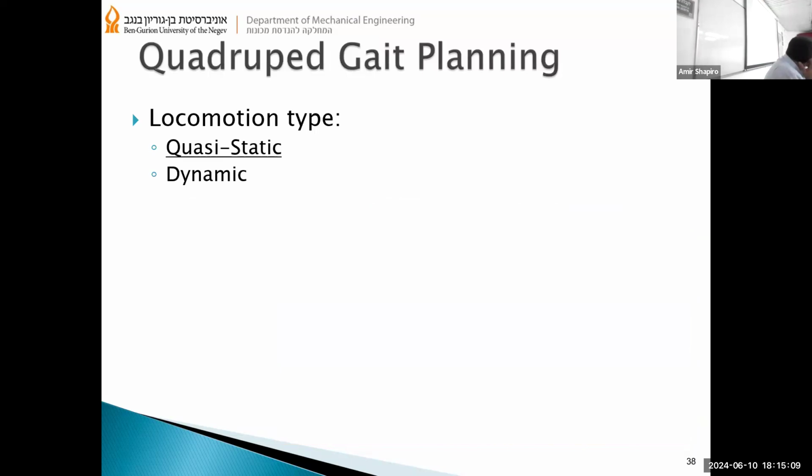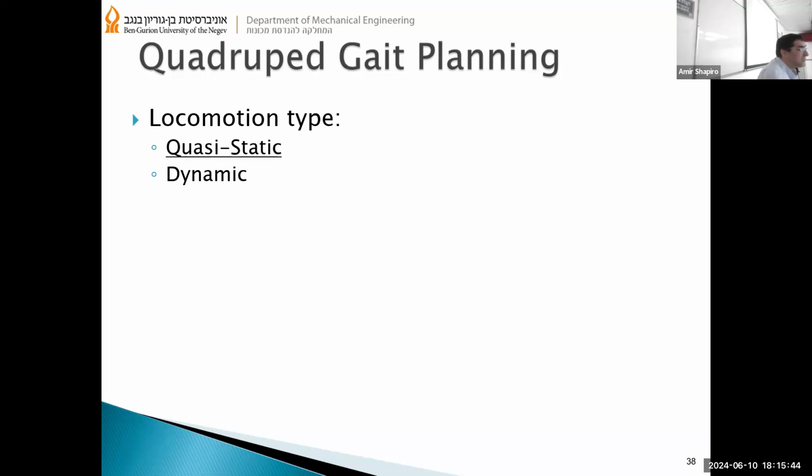So when we come to design the motion, there are two types of locomotion. One is quasi-static, so the robot is stable at every instance, and also we can slow down the scale of the time, and it will still work.